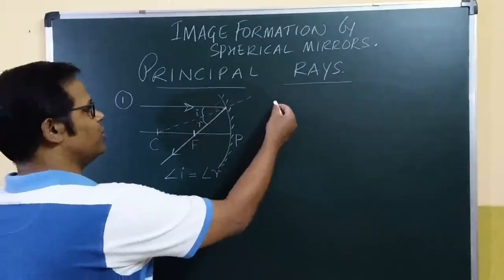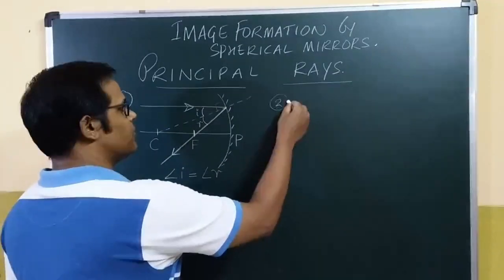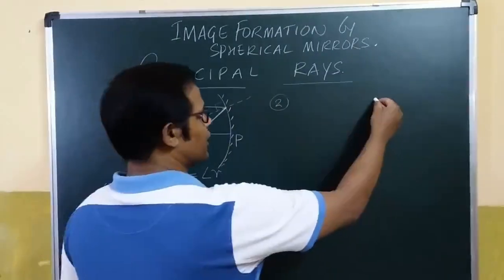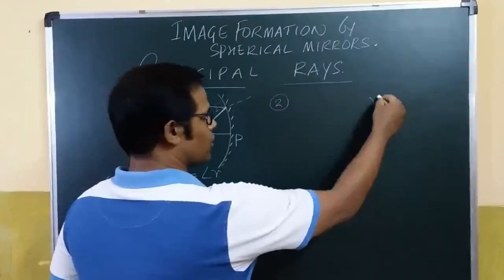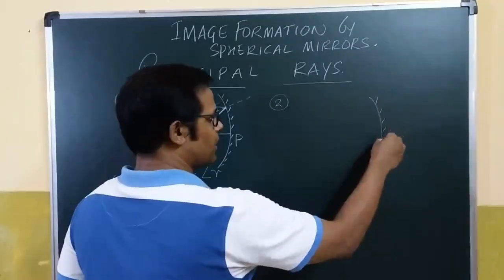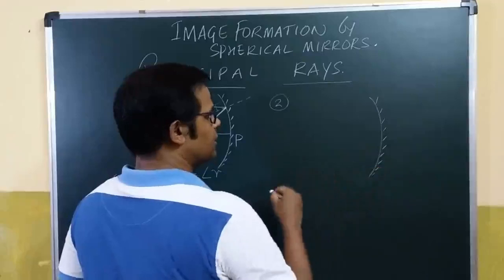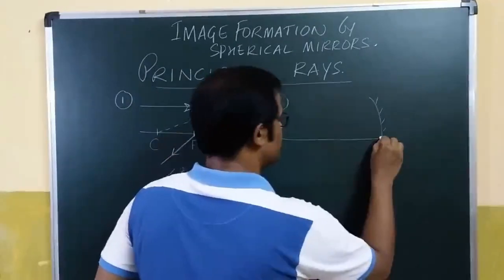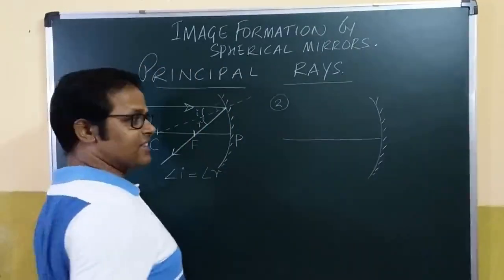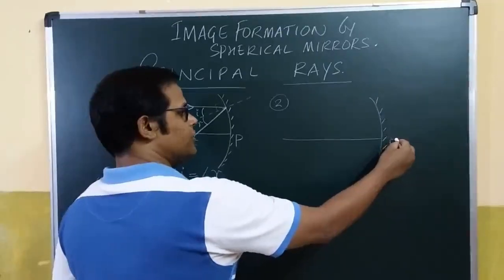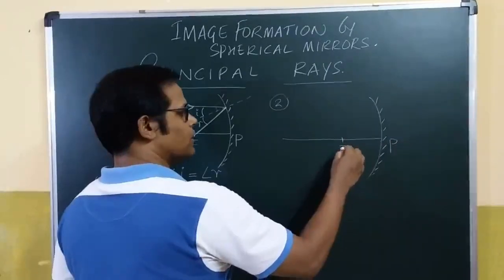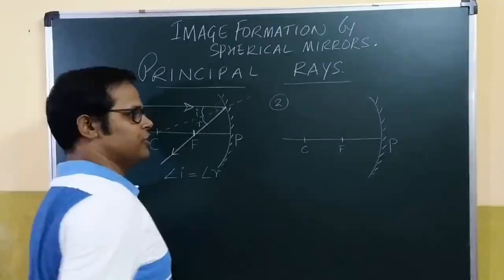Okay, let me show you the second principal ray valid for concave mirrors. Draw your concave mirror, put in these oblique lines indicating the non-polished surface of the mirror. Draw your principal axis, mark your point pole, the focus, the center of curvature.